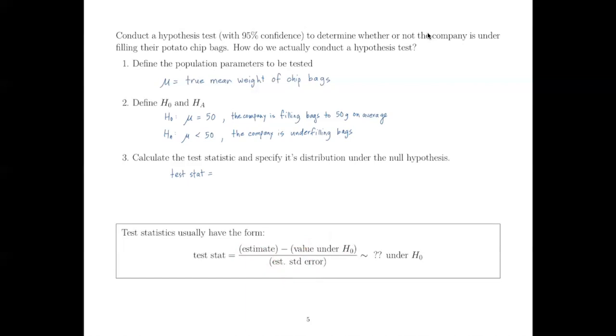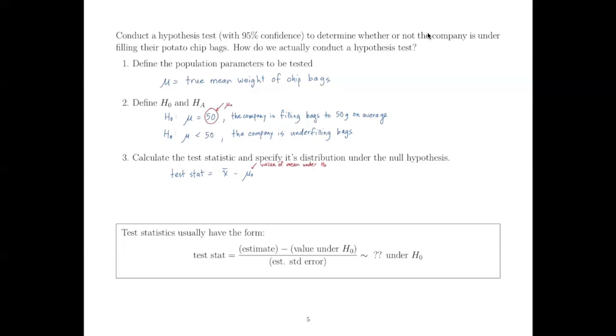And so in this case, for this particular problem, I would write out x bar minus mu naught, so that's the value of the mean under the null hypothesis. Maybe I should write that in words. Value of mean under H naught. So that's this number here. This is my mu naught here, okay?